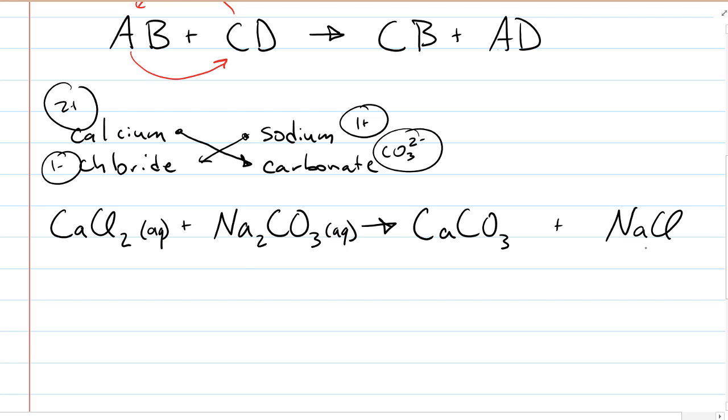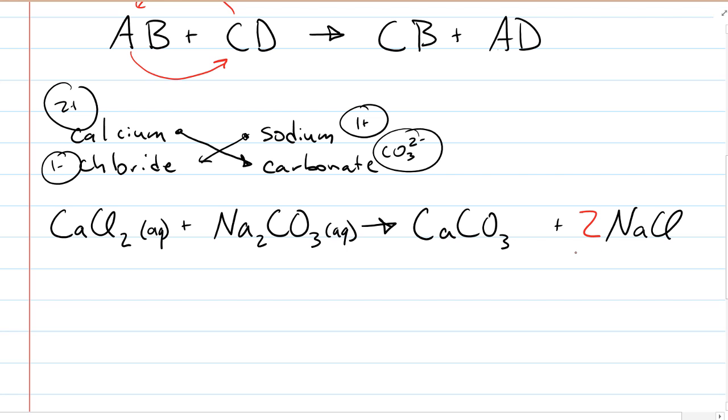Okay. Now, good question is, what happened to the 2's? Or where do the 2's go? It's going to go in front. We cannot write the formulas like this, because if we write the subscripts down below, we're creating formulas of something that doesn't exist. Okay? So what we want to do is balance this chemical equation like we've learned thus far.